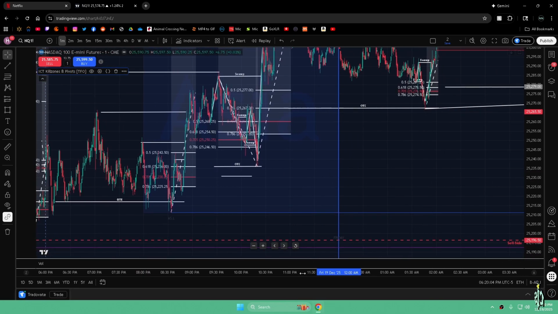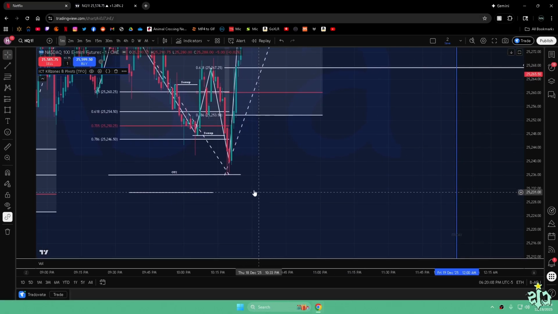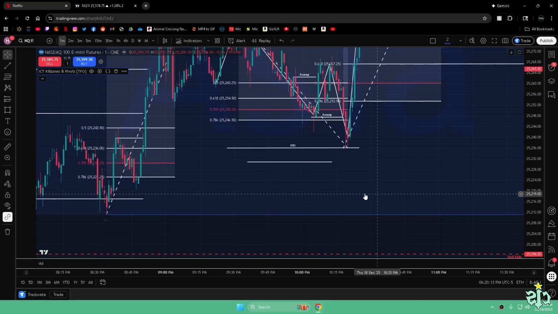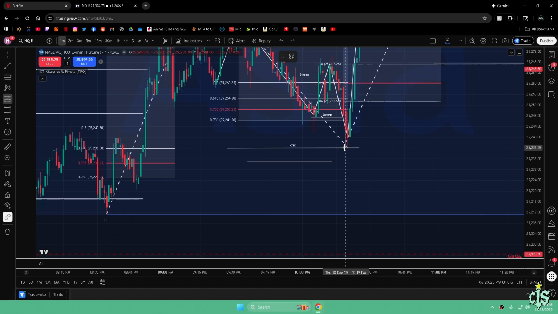Now whatever it reacts off like more heavily, like you see how it wicks, that's where I enter. I enter the first one lighter contract size. And then if it stops me out, say I get stopped out with 50 ticks, right?